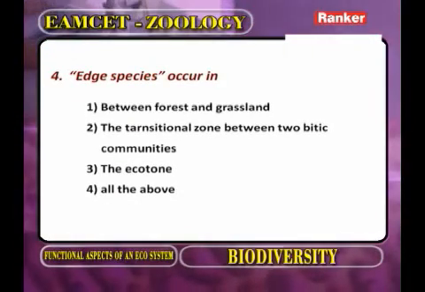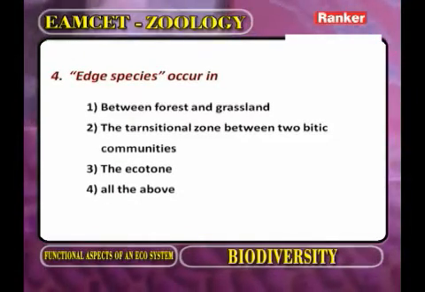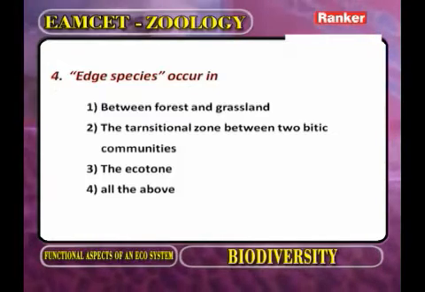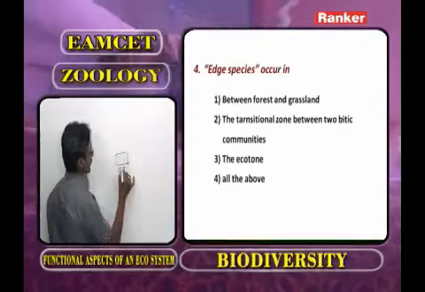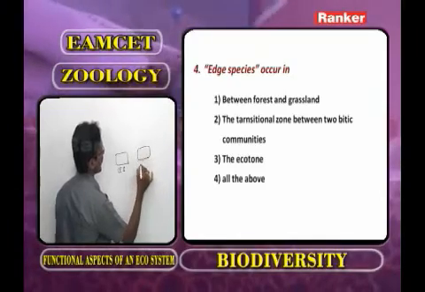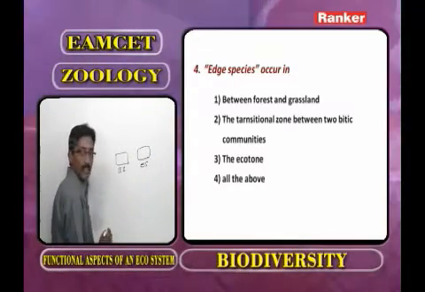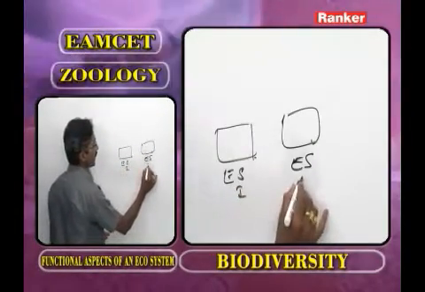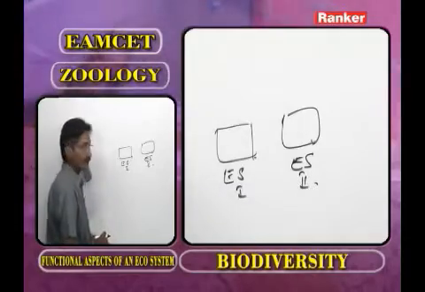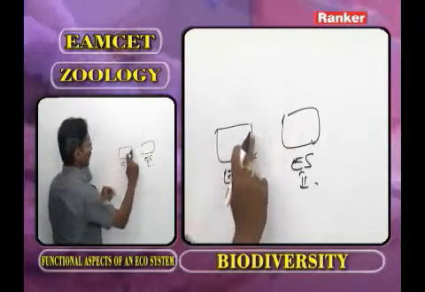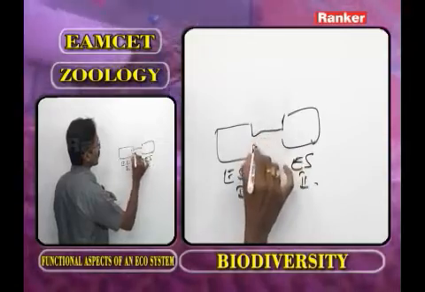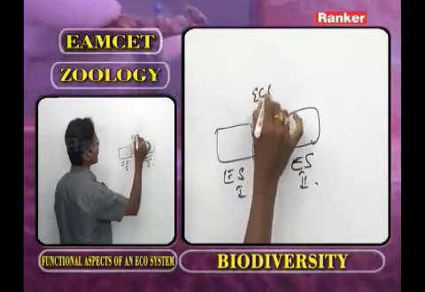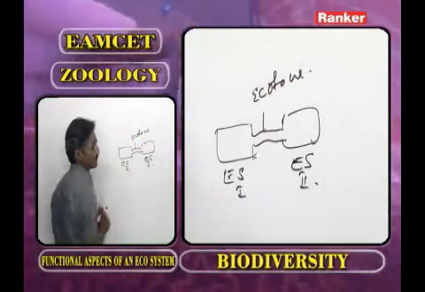Edge species. Now what are the edge species? What is the edge effect? Now this is one ecosystem and this is another ecosystem. This is ecosystem 1 and this is ecosystem 2. The space between two ecosystems, that we call ecotone.